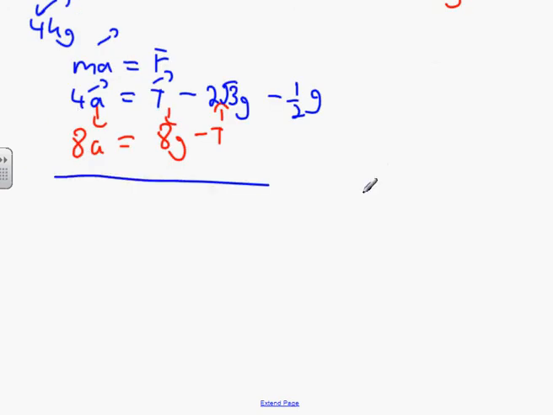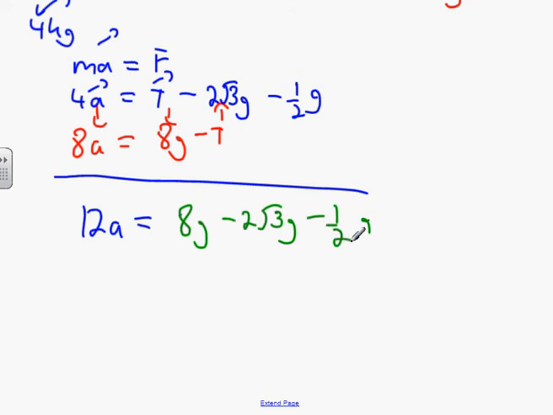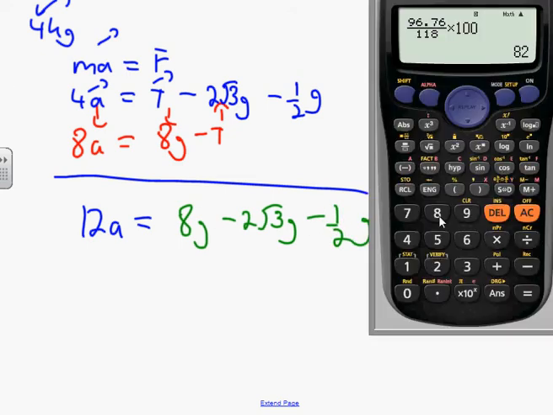4A plus 8A, 12A. T takes away the other T, no bother there. And then we're going to have 8G minus 2 root 3 G minus a half G. I'm going to need my calculator for that. So I'm going to have 8 minus 2 root 3 minus a half, which is minus 0.5. Then I'm going to divide all that by 12. And what I'm going to get here is 0.3363.